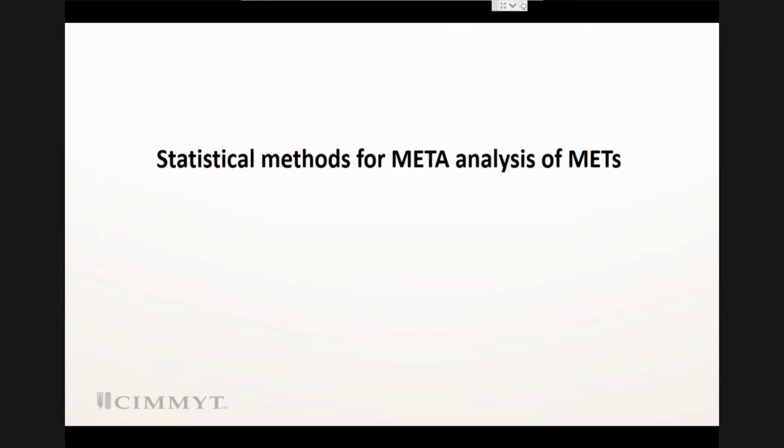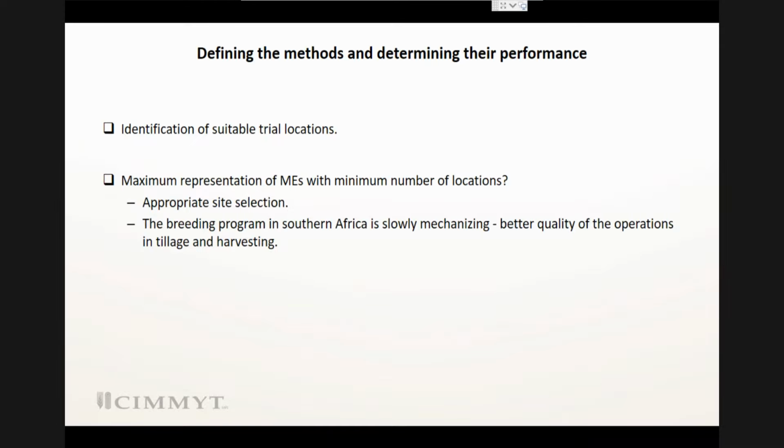I will give a brief outline of the statistical methods. So the major aim is to be able to conduct a genotype by environment analysis in the best way possible.